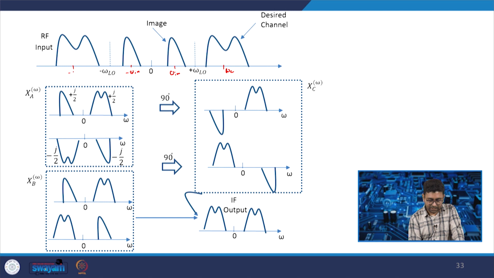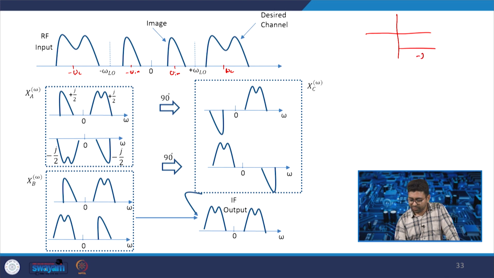Now, what we need to do in the Hilbert transform, as we have already seen, is that when we add a minus 90 degree phase shift, the positive frequency is multiplied with minus j and the negative frequency is multiplied with plus j.